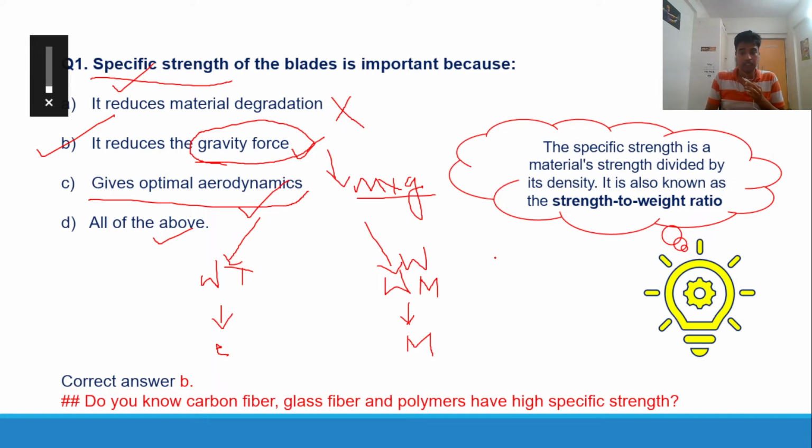Specific strength is a very important property. Why? Because if we take two different rods, this is a heavier rod and this is a lighter rod, and both have a strength of, let us say, 100 Newton per meter square, they can bear similar tensile strengths.